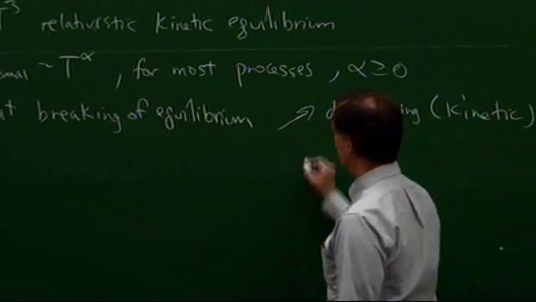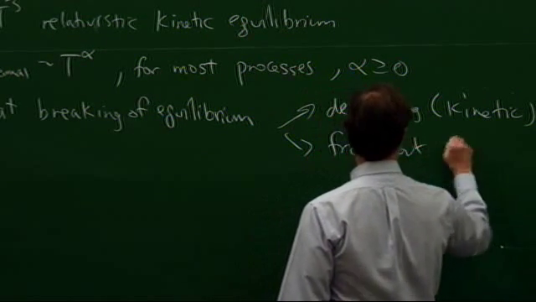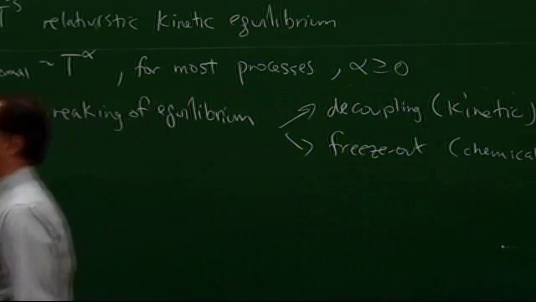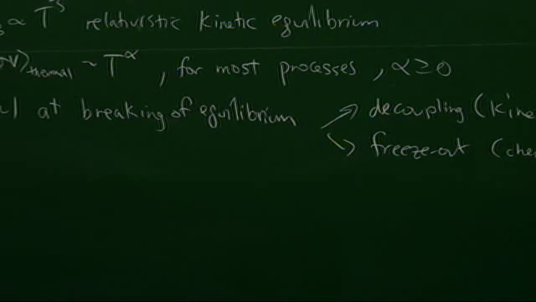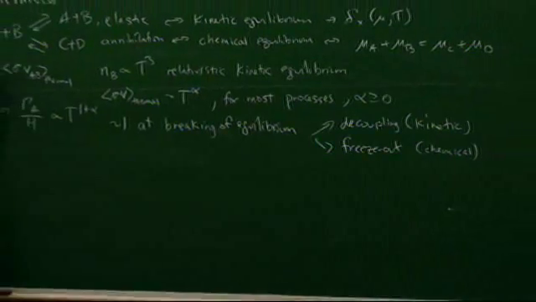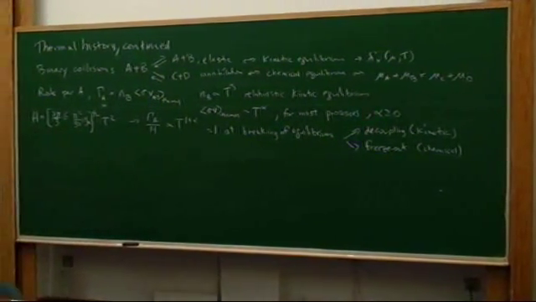And for the breaking of chemical equilibrium, it's called freeze-out. The freeze-out name is chosen because when the reactions of species A cease, changing its number, then the co-moving number density is frozen out. It's conserved.